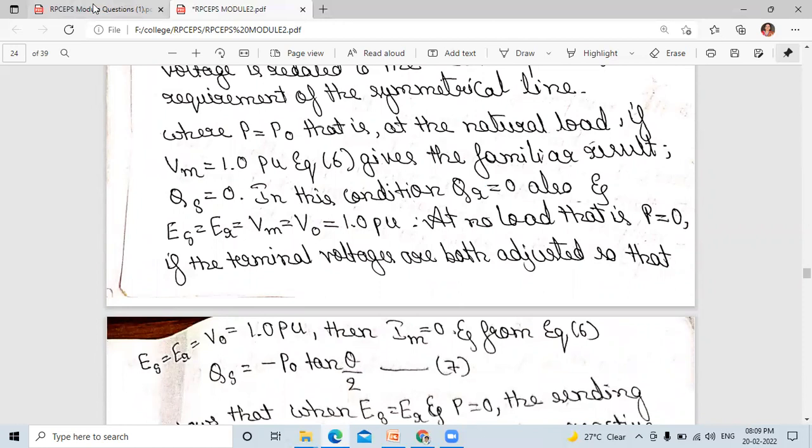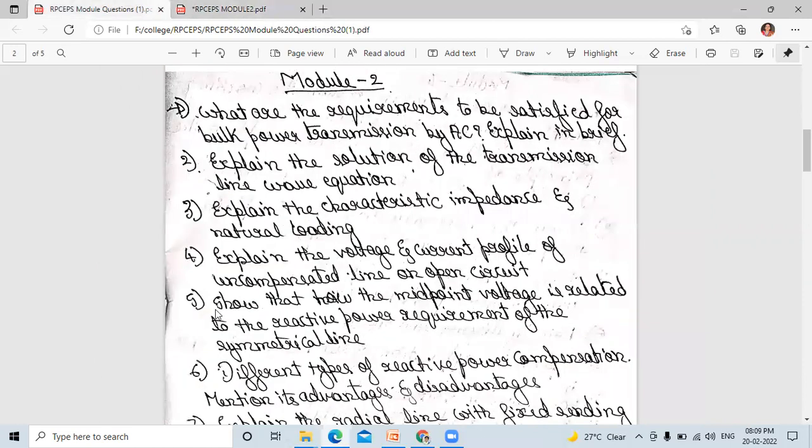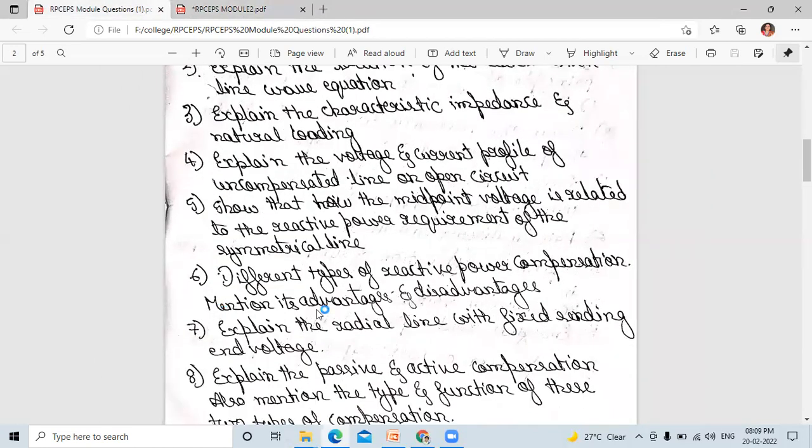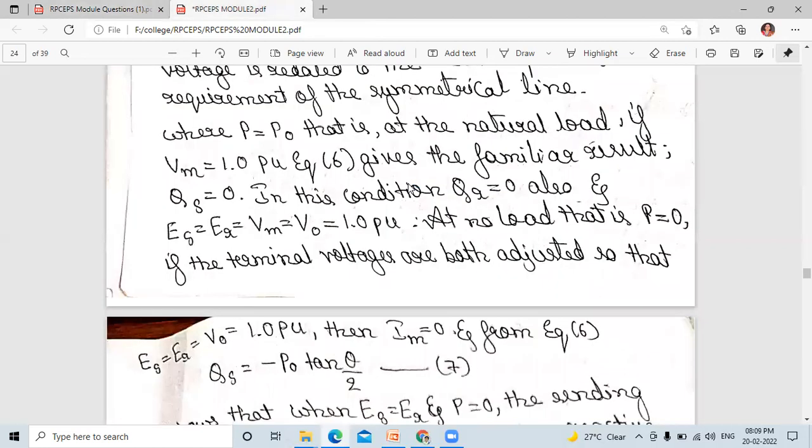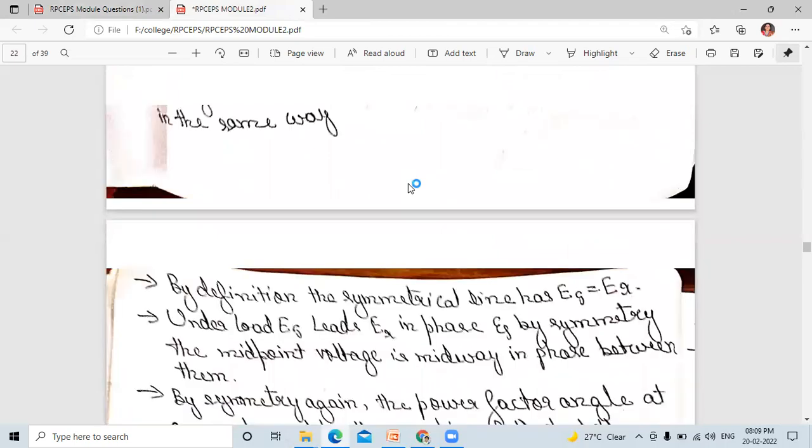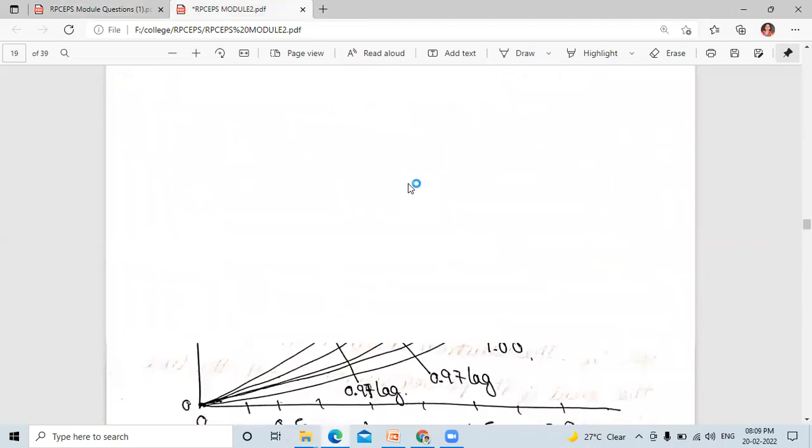Next question we shall see. Different types of reactive power compensation, mention its advantages and disadvantages. This is an easy question, right? It is in the heading only. It is a direct question.